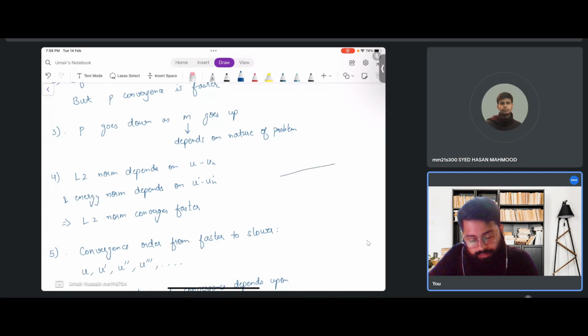Suppose this is your FEM solution, and this is your exact solution. So throughout the domain, you'll have some error. The FEM solution is coming out like this and this, right?